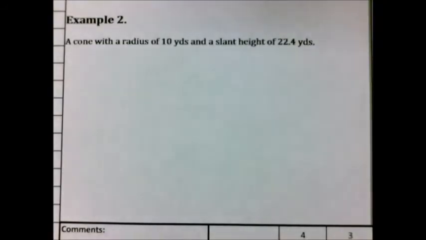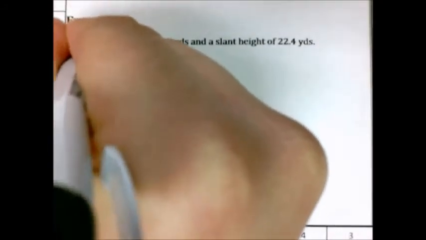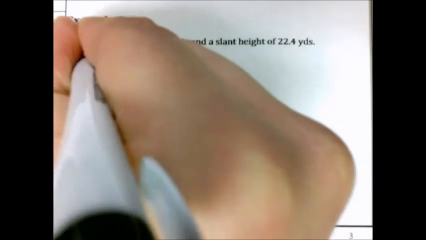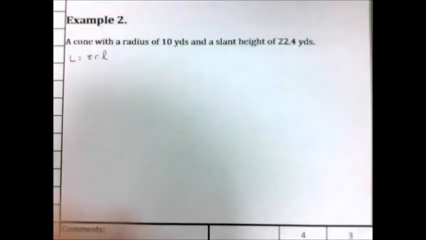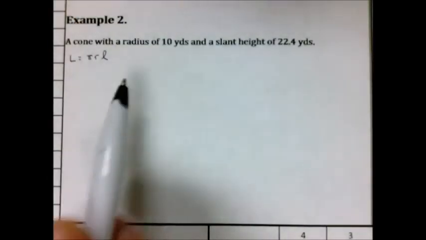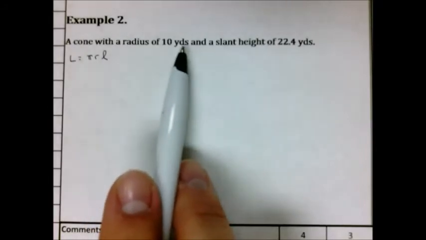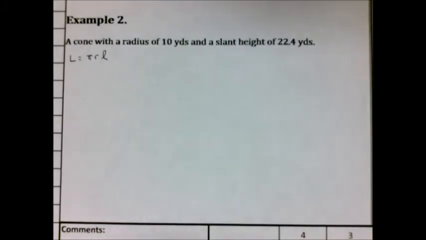Example 2 is much like the first one. We just have this written in words now instead of pictures. You can draw a picture of this if you need to, but the information is given to us, and all we have to do is transfer that to our equation. We always start with our lateral area, which is pi times our radius times the slant height. We're told that we have a cone with a radius of 10 yards and a slant height of 22.4.